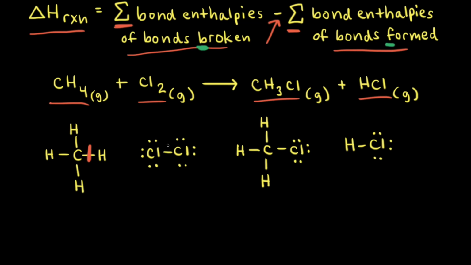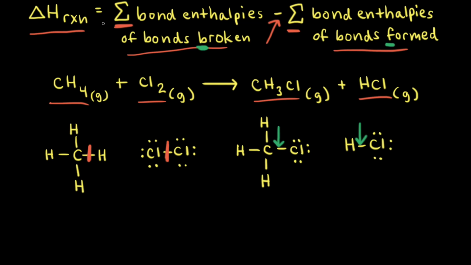We would also need to break a chlorine-chlorine single bond. Next, one of the chlorines goes over to the CH3 to form CH3Cl, so therefore we are forming 1 carbon-chlorine single bond, and the other Cl goes with the hydrogen, so we also need to form 1 hydrogen-chlorine single bond.